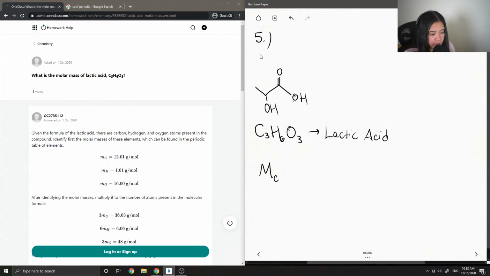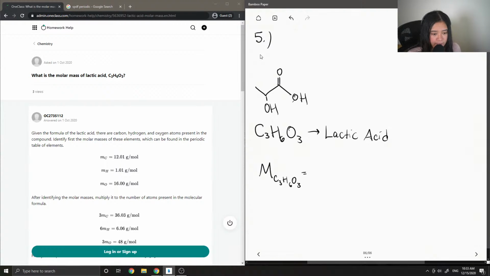So to find the molar mass of lactic acid, we would first need all of the atomic masses of the atoms involved in the compound, which are carbon, hydrogen, and oxygen. Their atomic masses can be found on the periodic table.